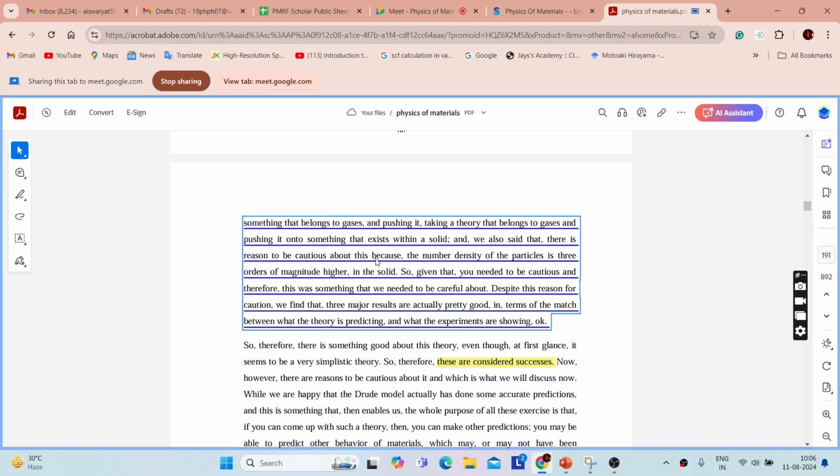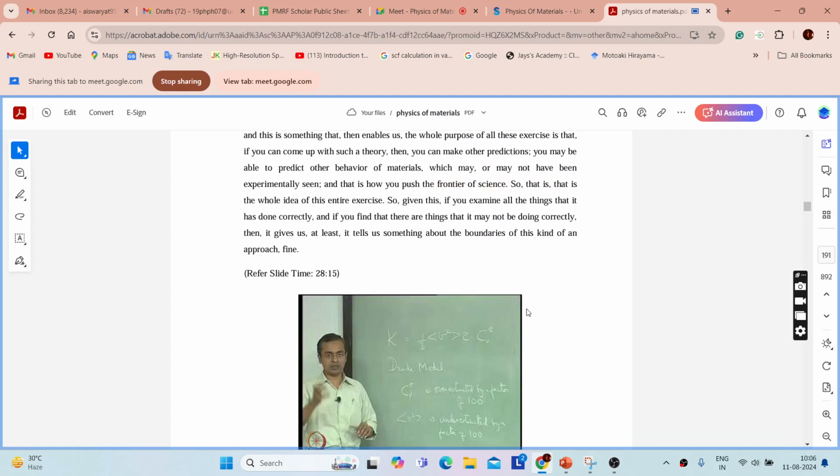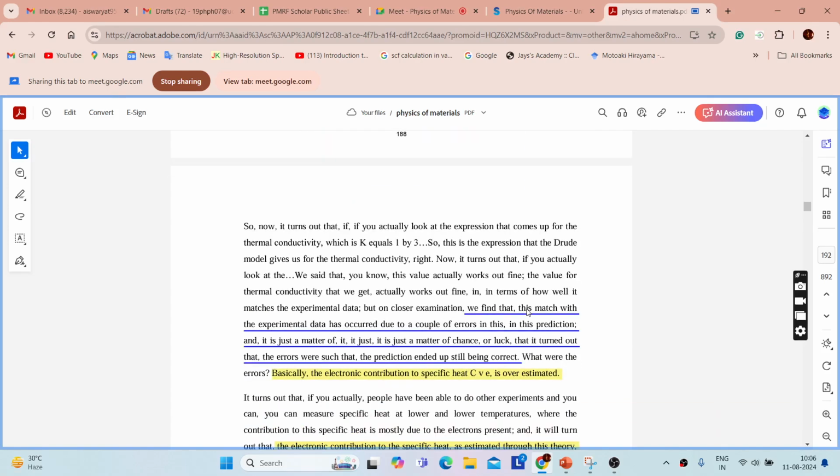So we need to be careful. Despite this, we find that the major results are pretty good. Comparing gases to solids, the number of atoms is higher, so we have to keep in mind that the interaction will be higher in solids.